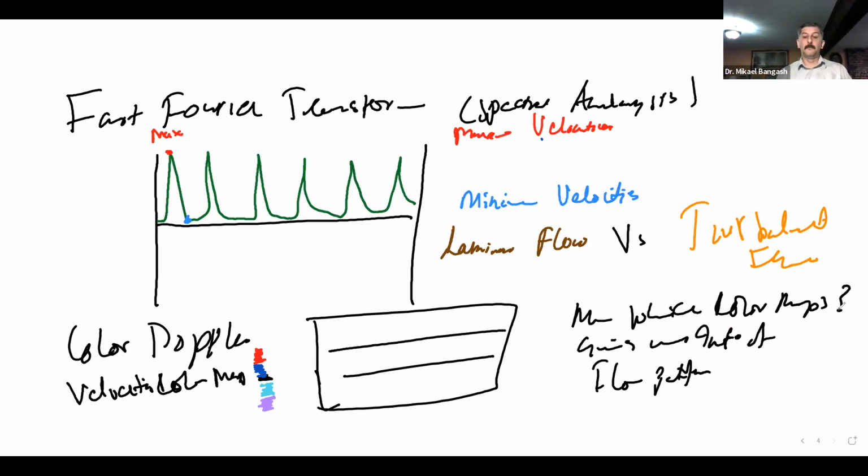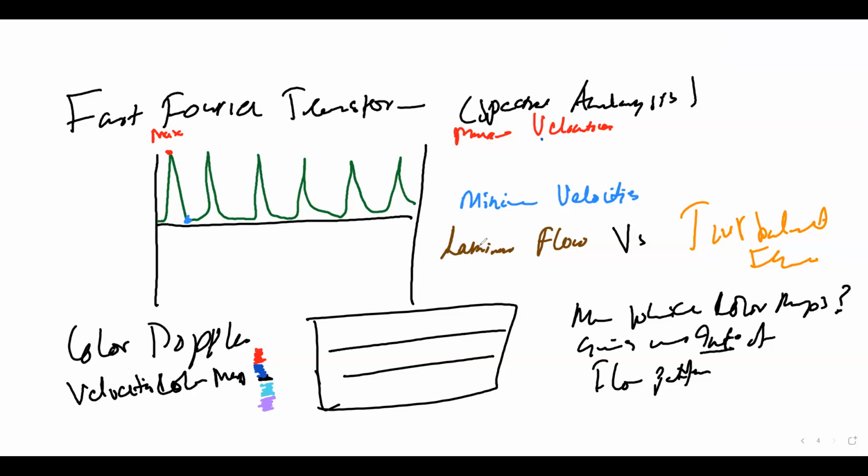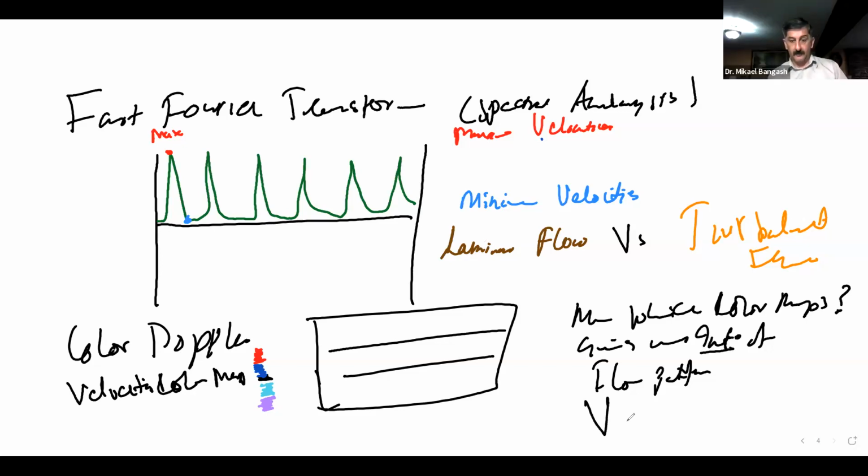Which color map enables us to record not only the velocity but also the flow pattern, to distinguish whether we have a laminar flow versus turbulent flow? The variance one? Variance map, exactly. Very good.